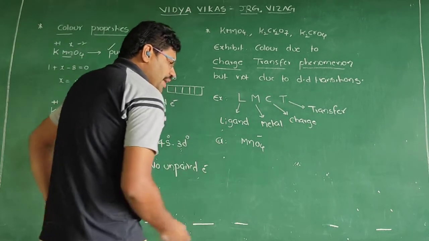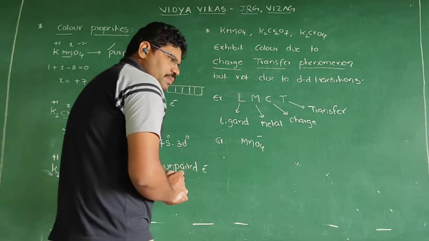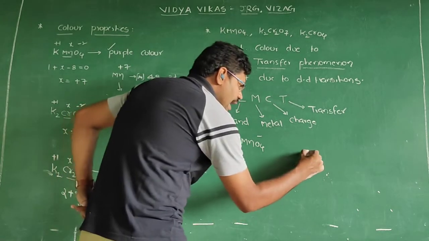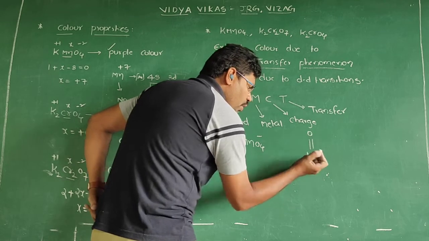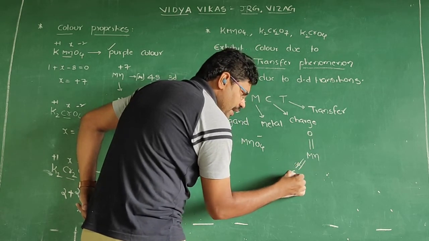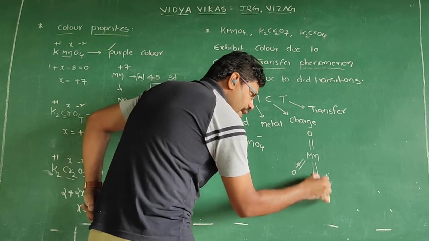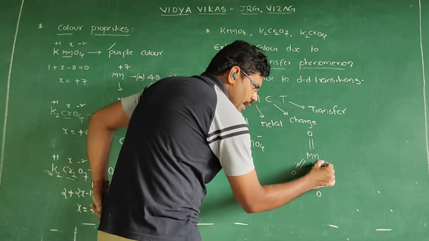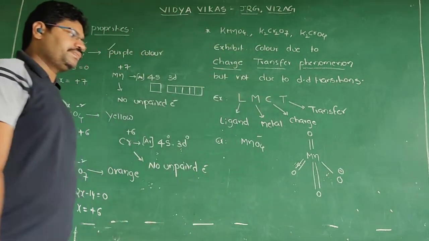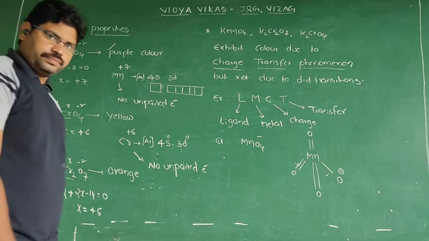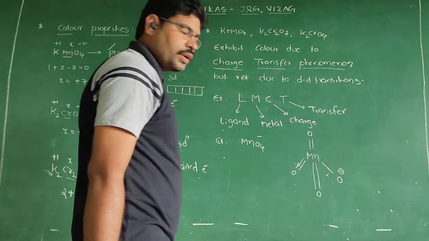Sir, do you have any idea about its structure, sir? Why not, students? I have its structure. Just look at Mn double bond O, Mn double bond O, Mn double bond O, and this is O minus, dear students. Is it clear? Okay.